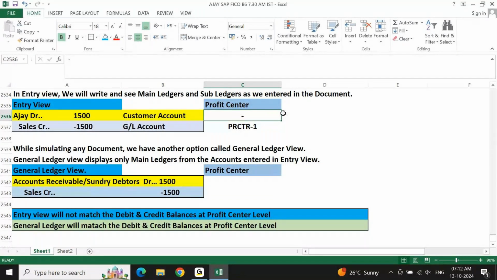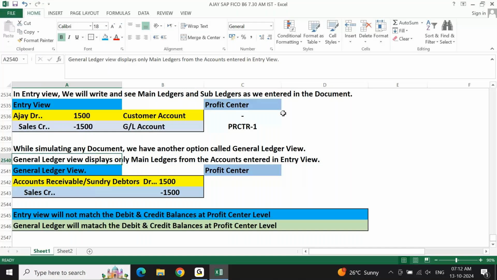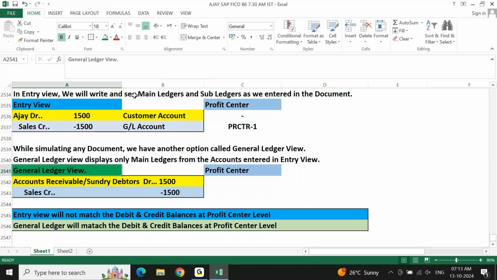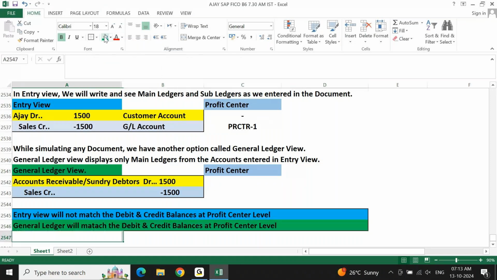When it comes to the general ledger level, is this going to match balance at profit center level or not? Yes, it will match. Now, when we know this is going to match at this level, we need to make sure profit center is updated at both debit and credit level.